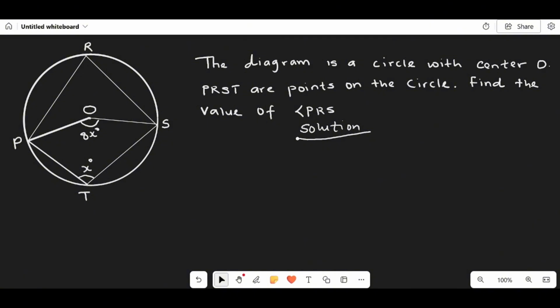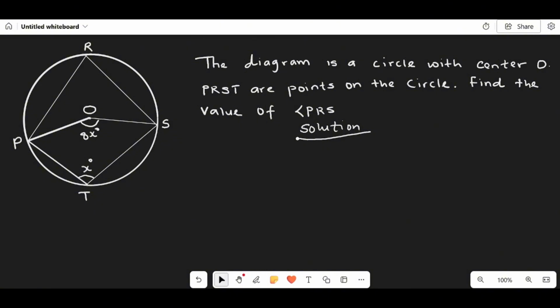So let us begin. Our angle POS, which is the angle at the center of the circle, stands on arc PS. Also, angle PRS stands on the same arc PS.